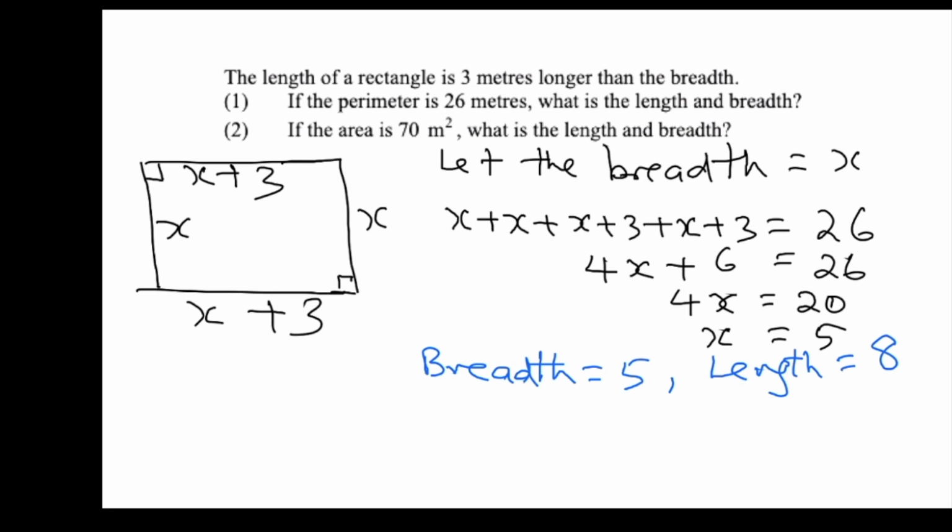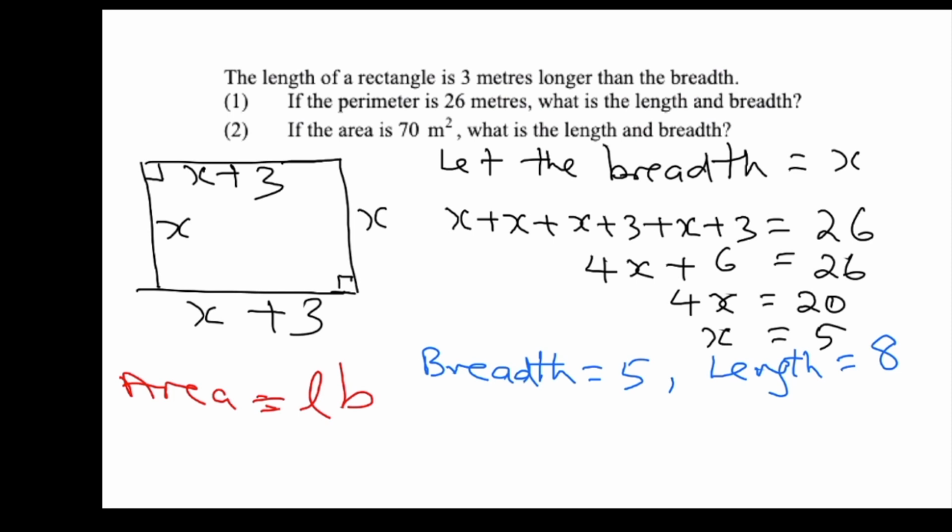All right. Now we are given the same problem here for number 2. Now it says if the area is 70 square meters, what is the length and what is the breadth? Now area is given by the formula length multiplied by the breadth.